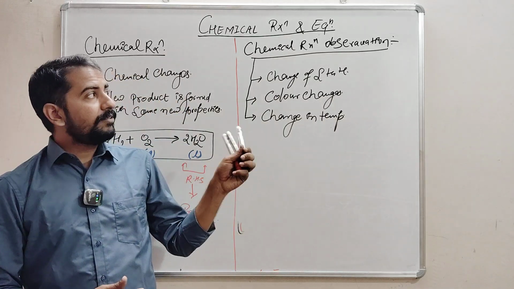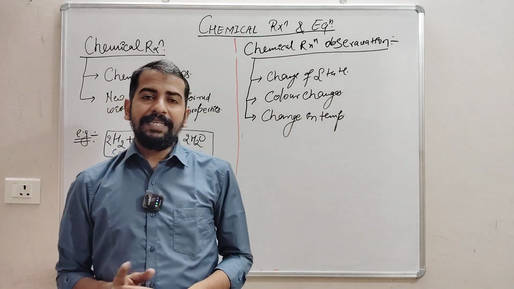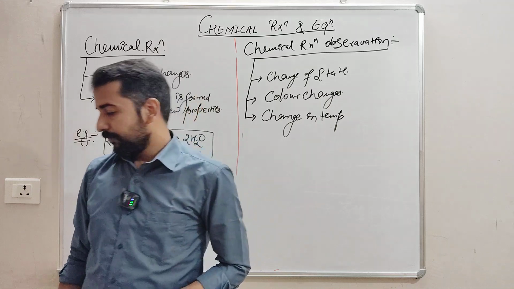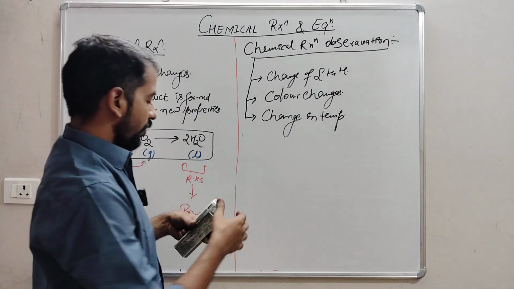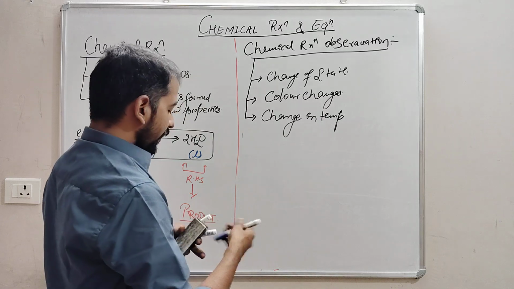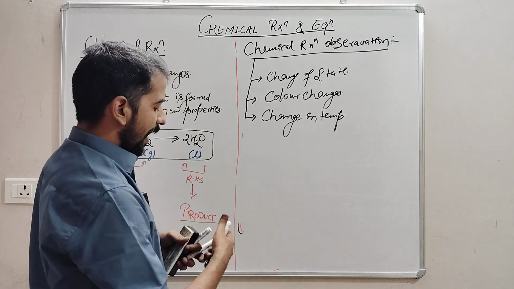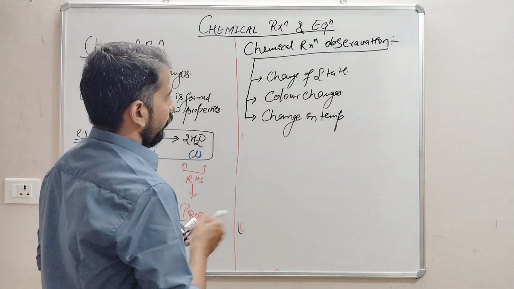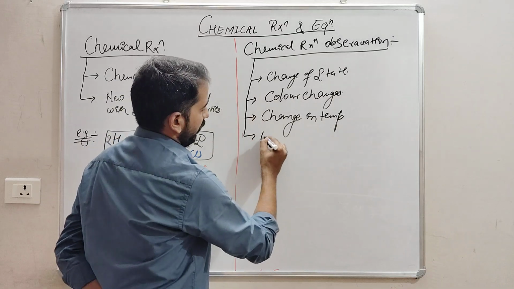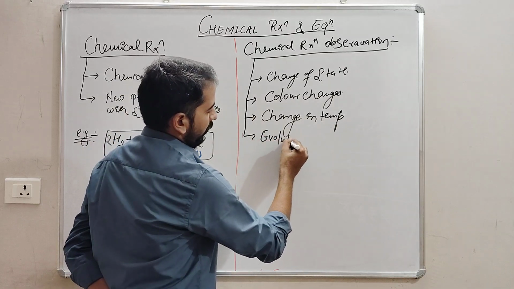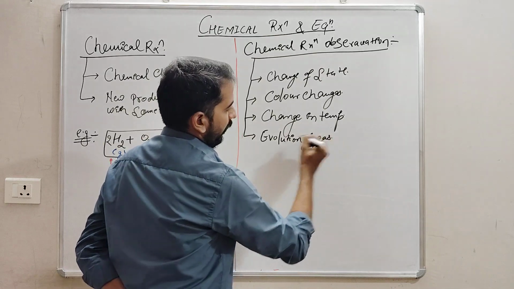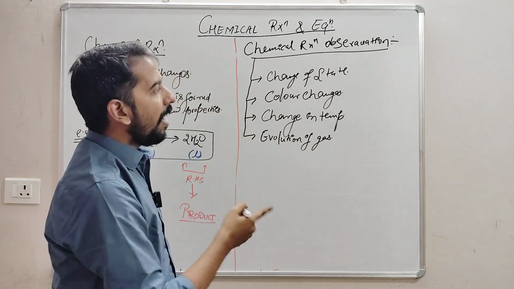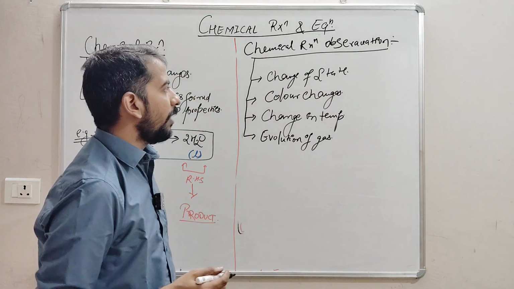Now we will solve some questions in your NCERT book. Okay, and one more thing you can write is evolution of gas. Already you have seen evolution of gas. ठीक, you have seen all this observation during your activity.